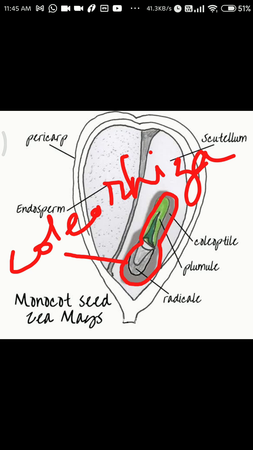Like I told you, cotyledon is a nutrient-rich tissue that provides nutrients at the time of germination. In the same way, endosperm also provides food to the embryo. Its function is also the same, and you will find it only in monocot seed, where one is cotyledon, another is endosperm.